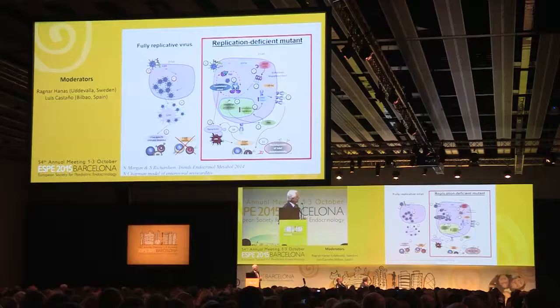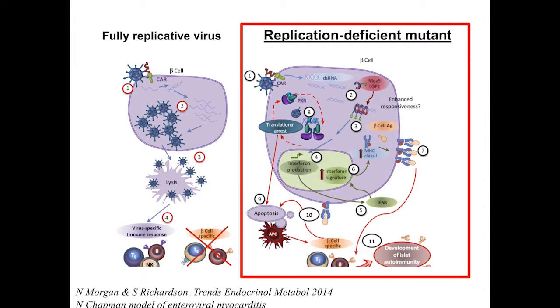diagnosis of diabetes. There is a very interesting hypothesis presented here as a cartoon, showing that if one gets infected with a normal enteroviral virus, the infection is cleared fairly quickly and does not cause autoimmunity.